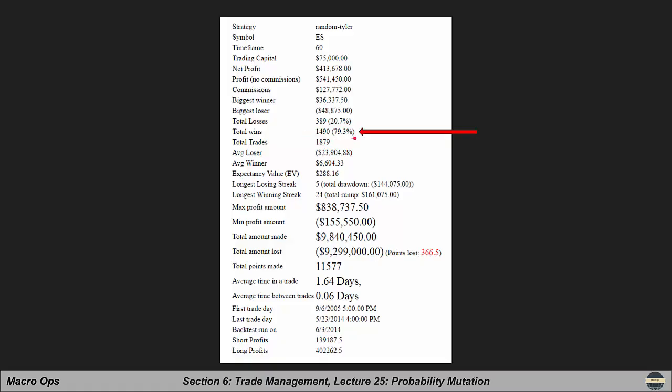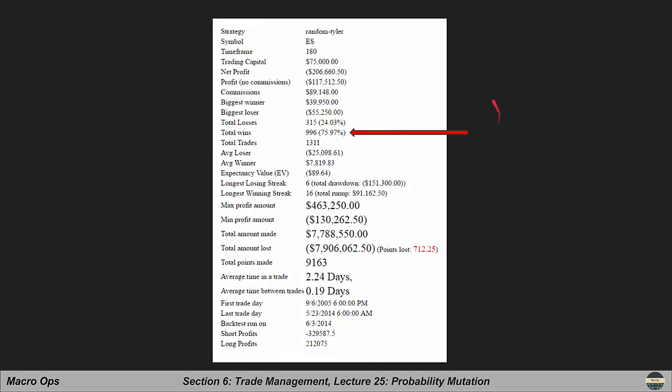Keep in mind, this is a system with completely random entries, absolutely no edge, no analytical technique, and it's still winning 80% of the time. That's because our winners are smaller than our losers. We're taking profits much quicker. You can see that here, average winner 6,600 versus average loser of 23,900. And here's another completely random test run on the 180-minute time frame instead.